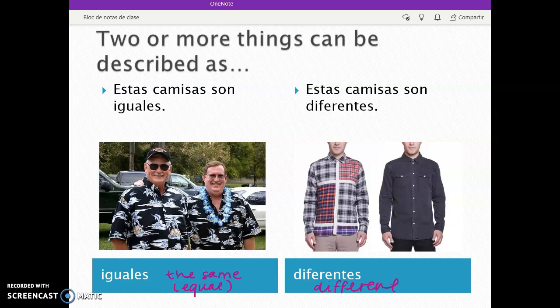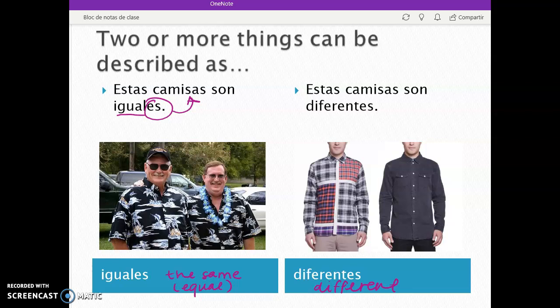So if we look at the two sentences up at the top here above each picture, we have estas camisas son iguales, and we know that estas means these shirts because we learned that in the demonstrative adjective notes. Camisas, perdón, son iguales. And so what we're going to do is we're going to take this word igual, that's what it is in its singular form. We're going to add an es so that it agrees with las camisas, which are plural. So these shirts are the same.